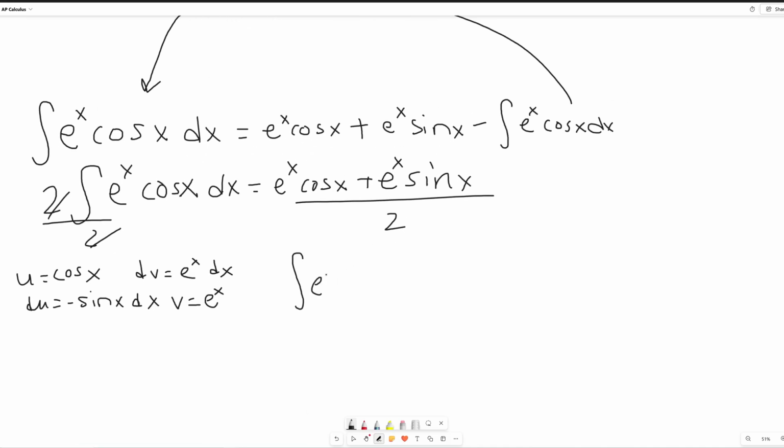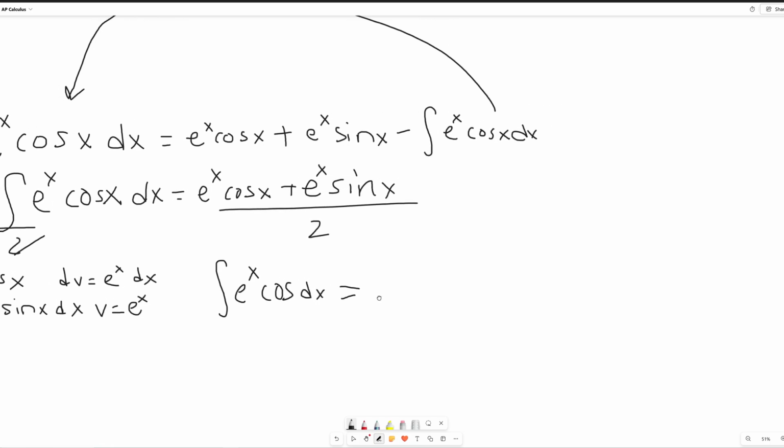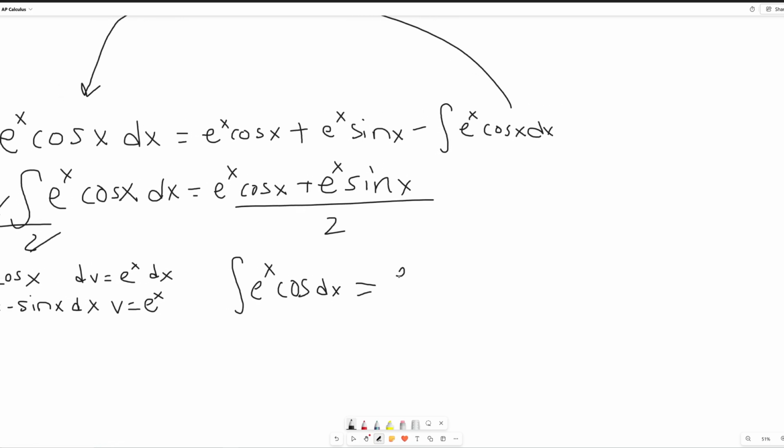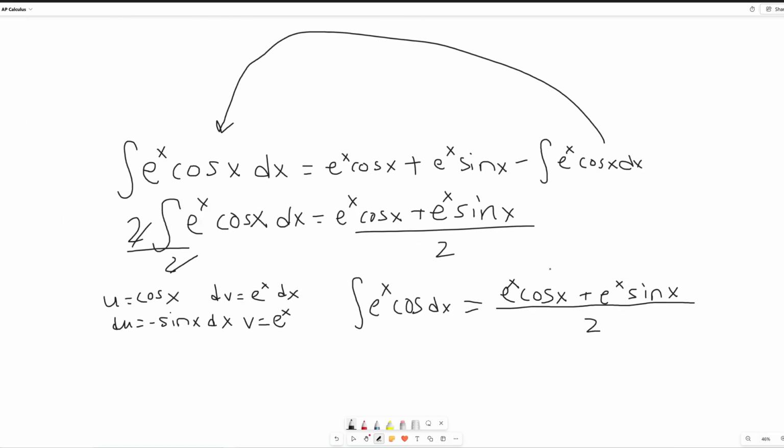So if you want to integrate something which is like exponential e to the x and has a trig function like sine of x, it will look like a repeating loop where it's just going to keep cycling through trig functions and e to the x. But eventually at some point you will have the same thing on this side and you can move it over, and then that can be your final answer.